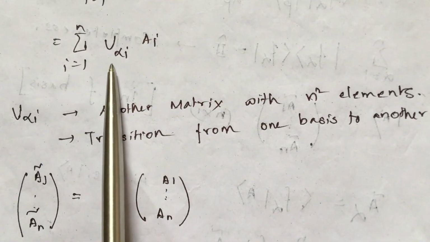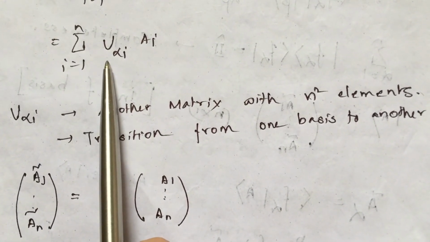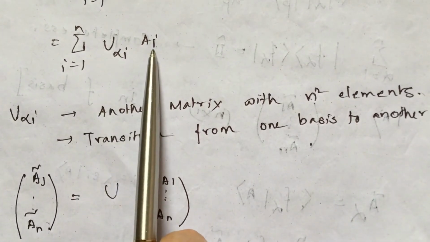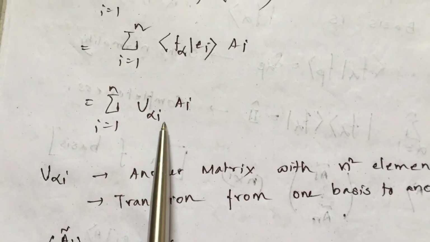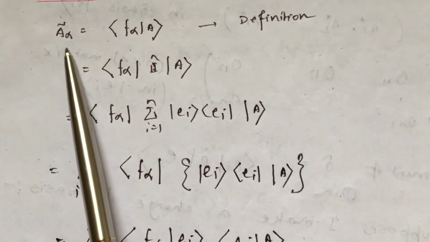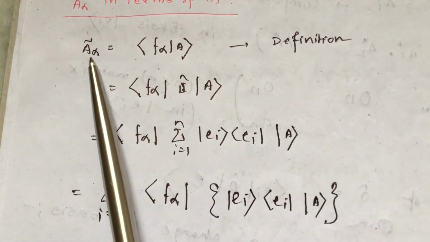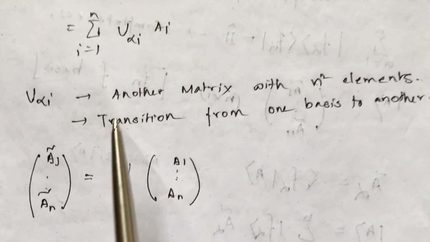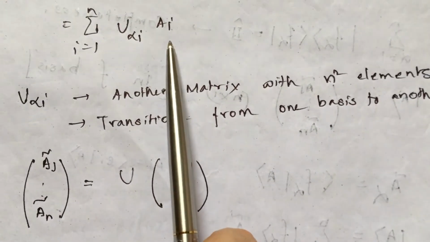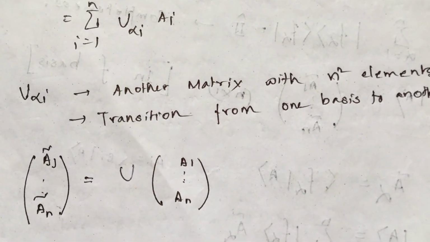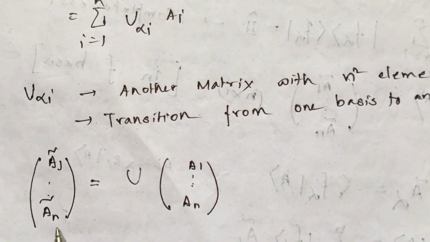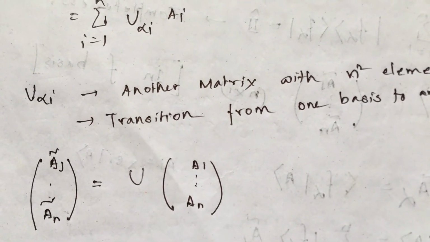And if we apply this matrix U alpha i to this A_i, I will get A alpha tilde. That means here I am switching from E basis to F basis. In matrix notation, this can be written like this.